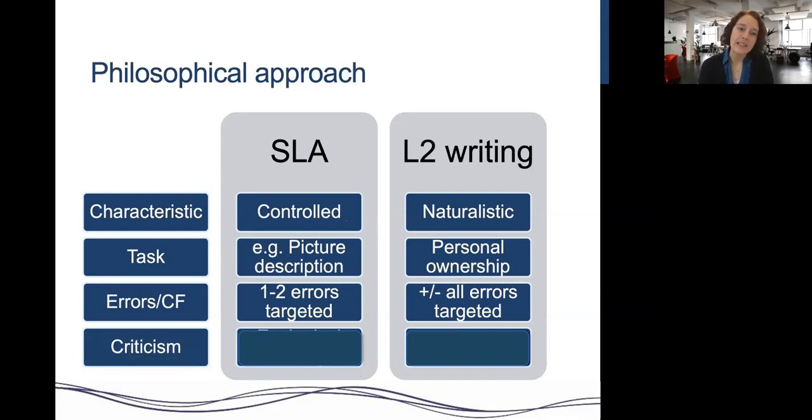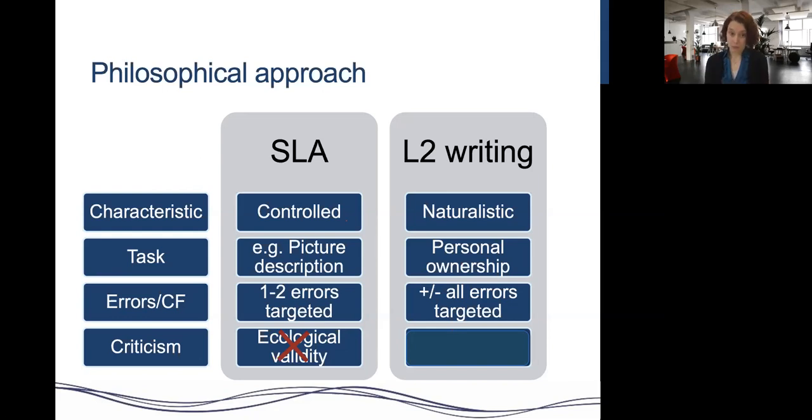And these lead to various kinds of criticism. For one, the SLA approach tends to be criticized for lacking ecological validity. And this means that what is happening in the study doesn't really resemble closely what would happen in a classroom.